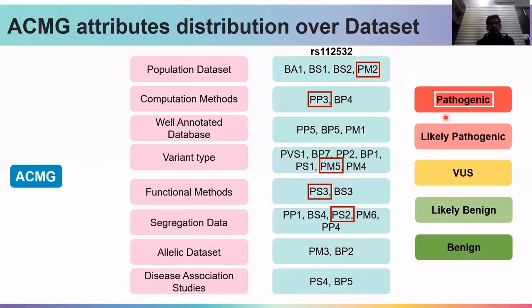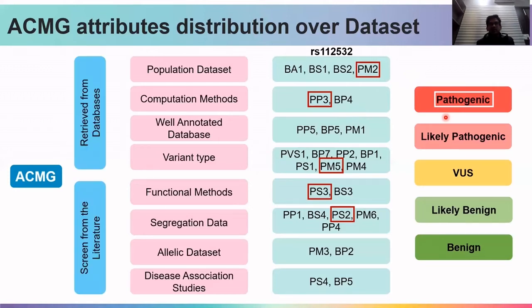Now how can we retrieve this particular variant? There are different methods. For the first 4 methods or data sets, that is the population, computational, variant annotated database, and variant type, it can be retrieved from the databases directly.